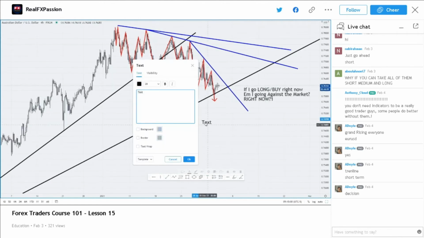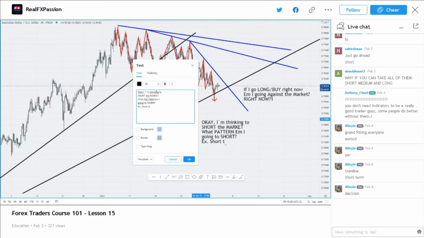So let's say like this, for the beginner trader, okay, I'm thinking to short the market. What pattern am I going to short?